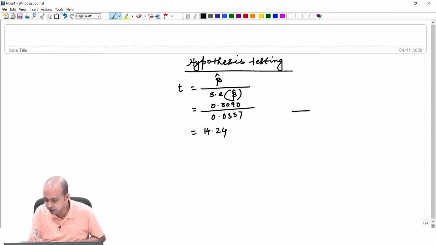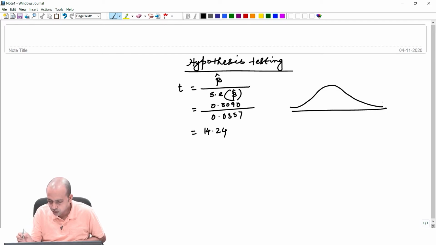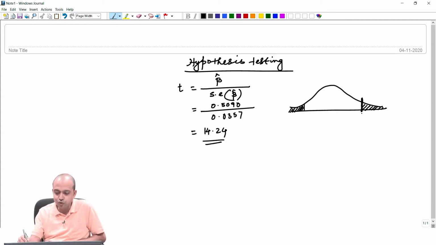That means, basically in terms of the diagram, what is our calculated value? Calculated value is 14.24. Now, we want to know what is the tabulated value. This is called the tabulated value.